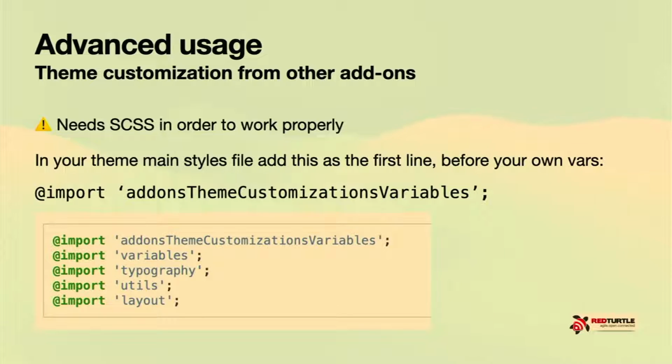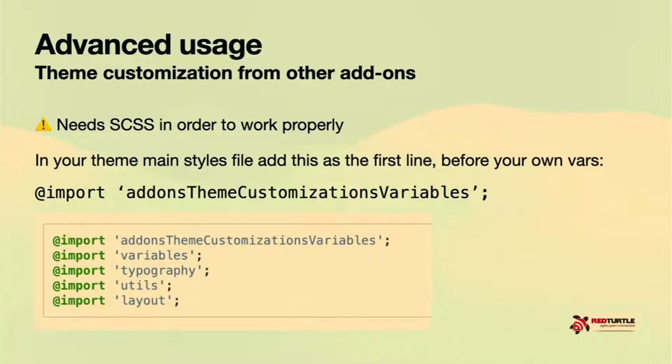So there's one warning here. This feature only works if you're styling your theme with SCSS. How does it work? So the bundler of your application will create two aliases, and one of those is this one.